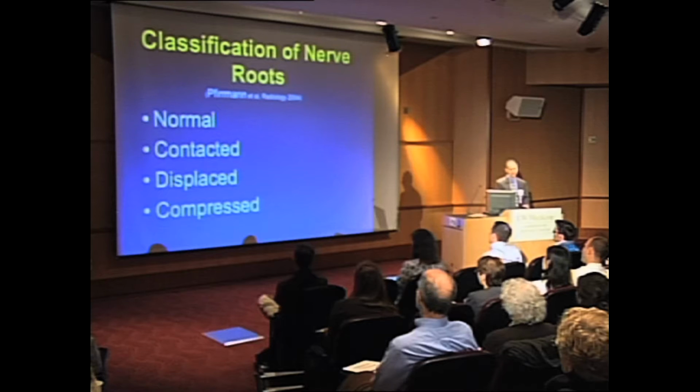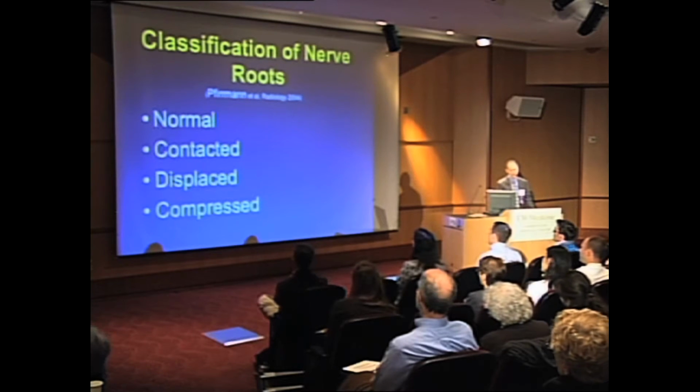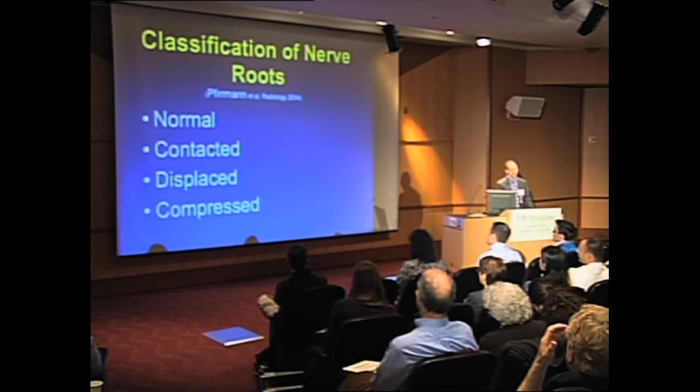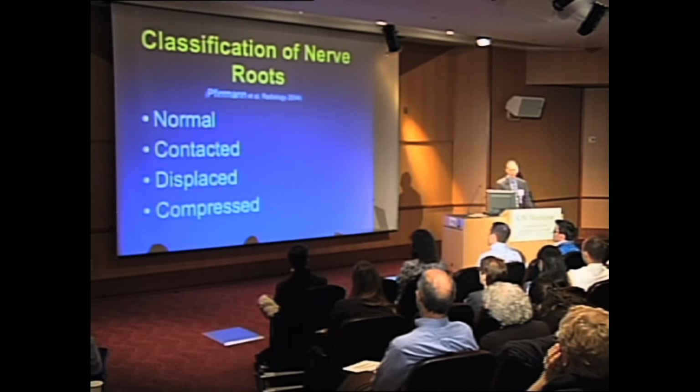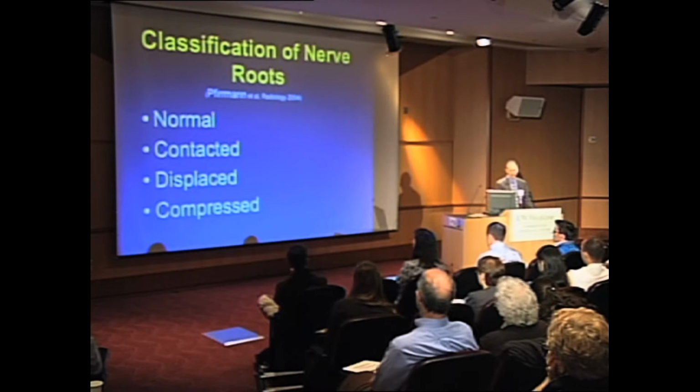So that's the disc. There's also a standardized classification system for the neural elements and what happens to them. This was a scheme suggested by a Swiss radiologist, Pfirrmann, who classified nerve root involvement as either the nerve is contacted, displaced, or compressed.